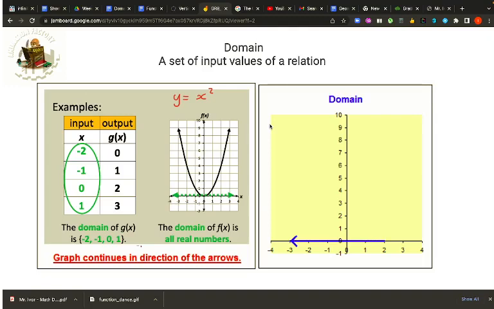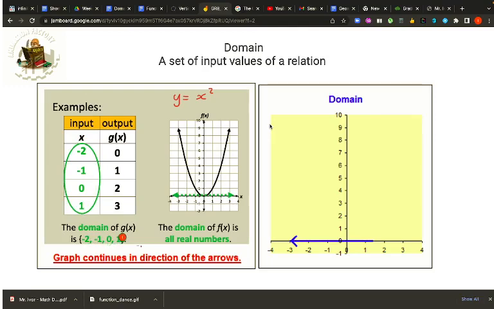If we continue with this table and put in -2, -1, 0, 1, 2, etc., we'll plot all these points on the x-axis, as displayed on this graphic. If we continue, the graph would continue in the direction of the arrows indefinitely, so it wouldn't stop. So clearly, the input values here in this table would just be -2, -1, 0, and 1. That's the domain.